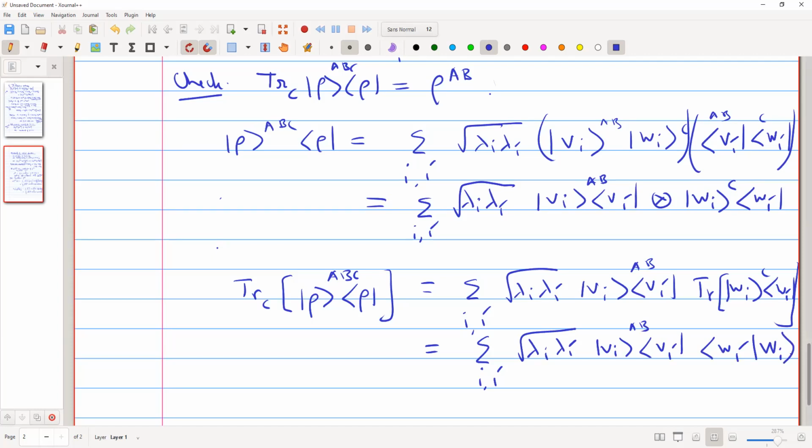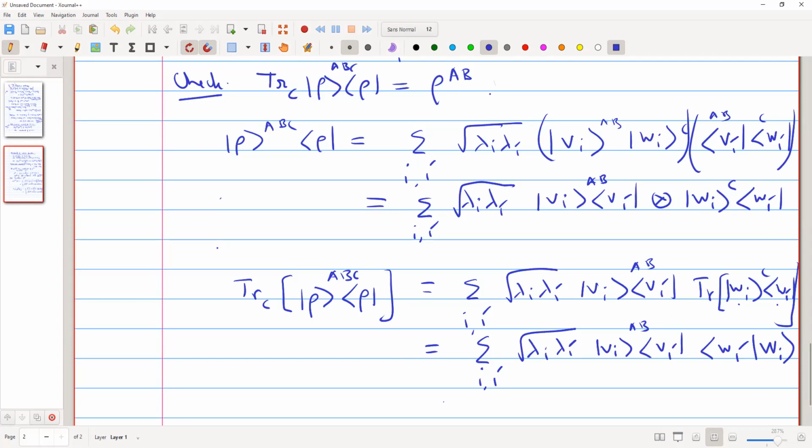One way to see it is that this was a ket vector, a column vector, and this was a row vector, so this is matrix multiplication of a column vector by a row vector. By the cyclic property of trace, I can take the row vector to the left, and then it is a row vector multiplying a column vector, which is nothing but this inner product.